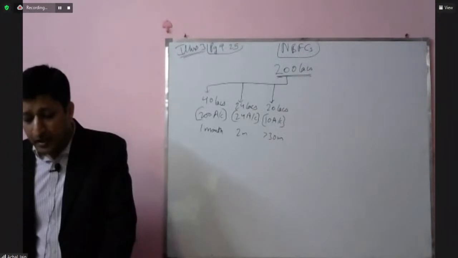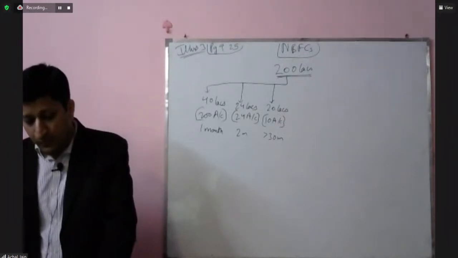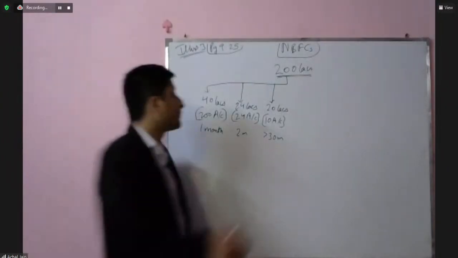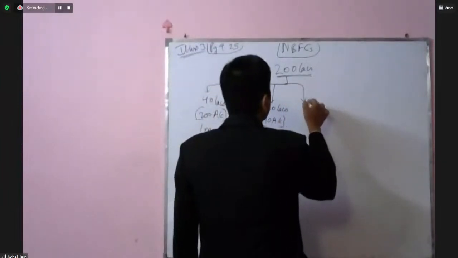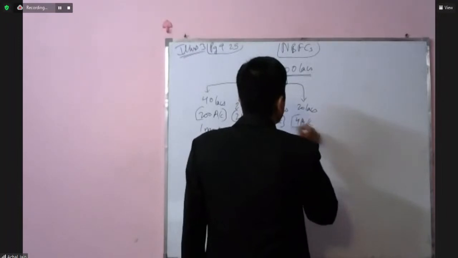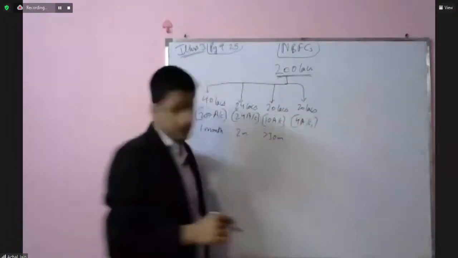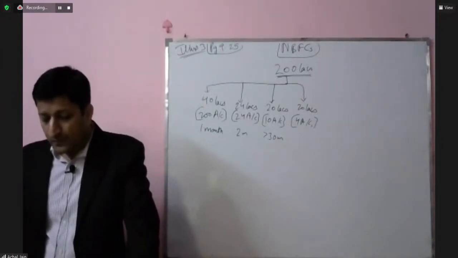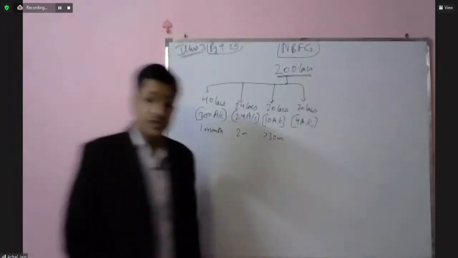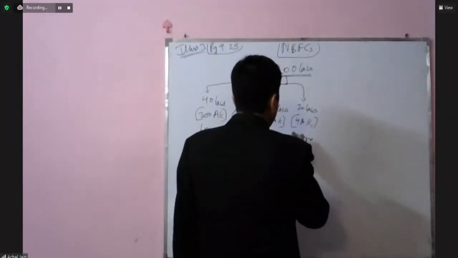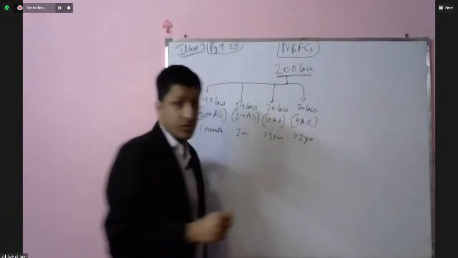And on 4 accounts for more than 2 years, amount overdue is 20 lakhs. 20 lakhs, 4 accounts, which are for more than 2 years.